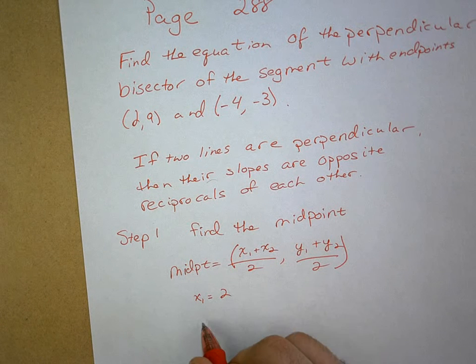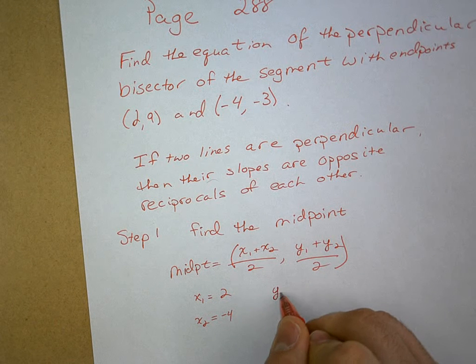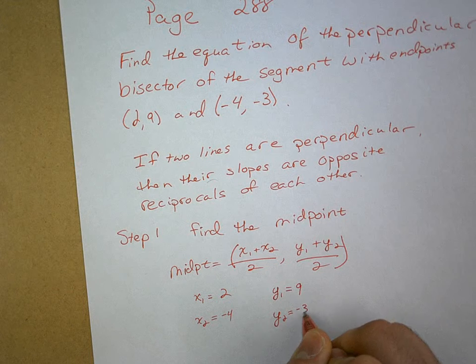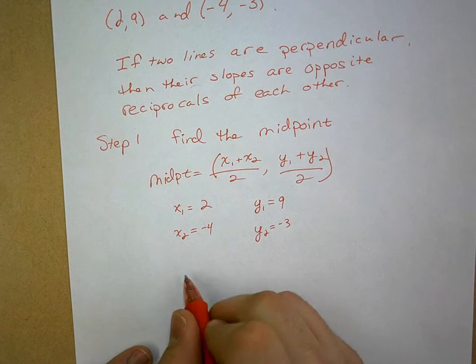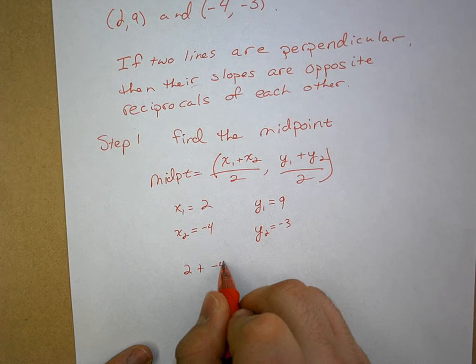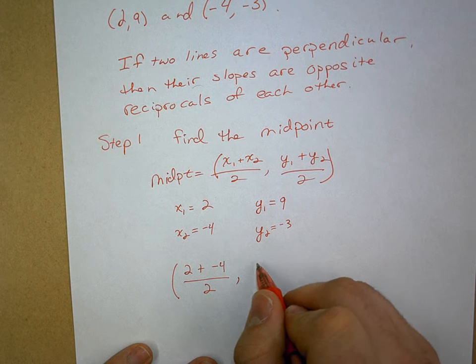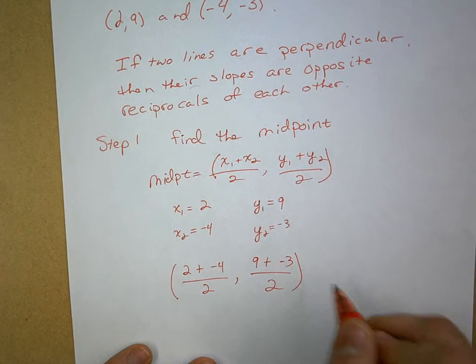X1 is equal to 2. X2 is equal to -4. Y1 is equal to 9. Y2 is equal to -3. Okay, now we can plug this in and we can get our midpoint. (2 plus -4) over 2, comma, (9 plus -3) over 2, close parentheses.